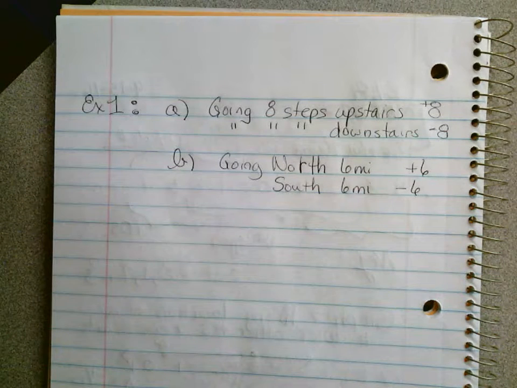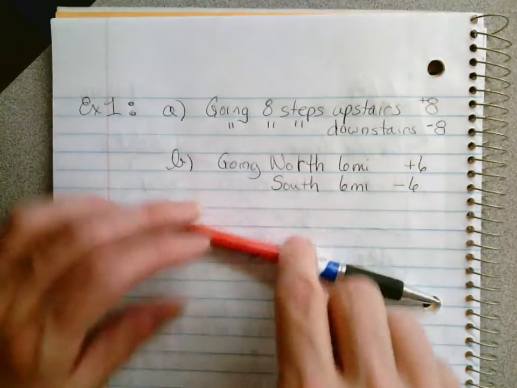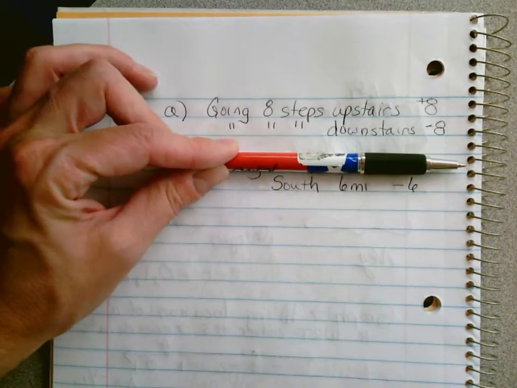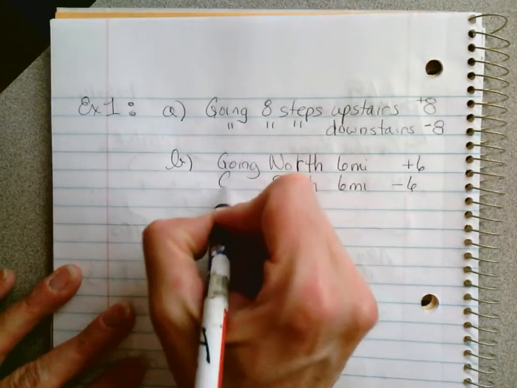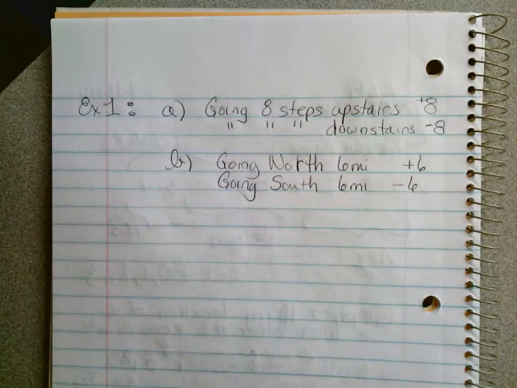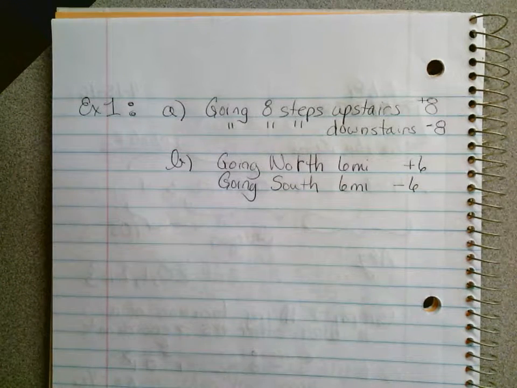It's just natural. Up, down. You're back where you started. Huh? Because you've gone up 6. All I'm doing is saying, if I ask you to say go south 6 miles, you're going to say -6. Okay, that's all I'm teaching you here. But yes, if you actually perform that operation, you'd be right back where you started.